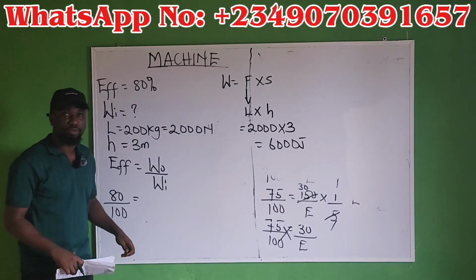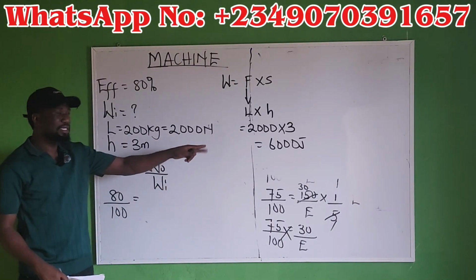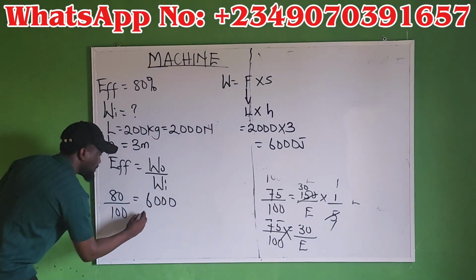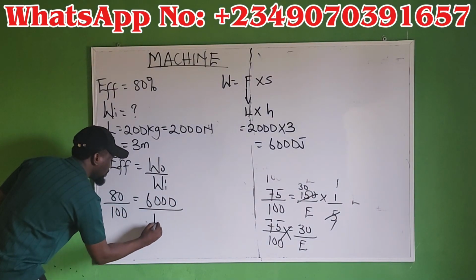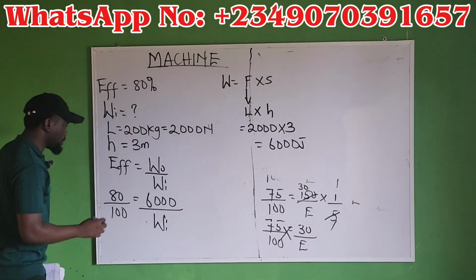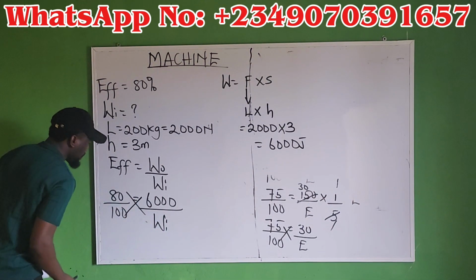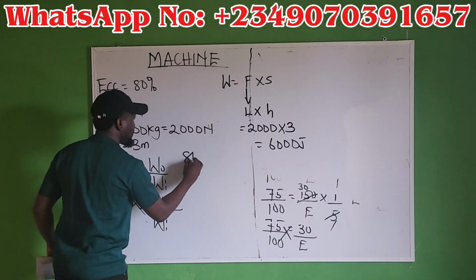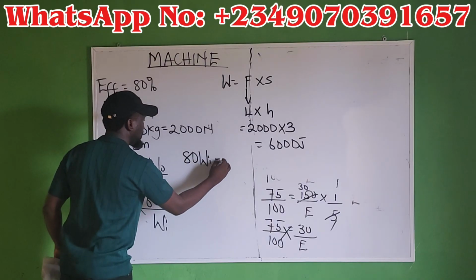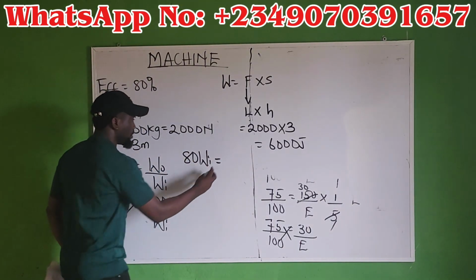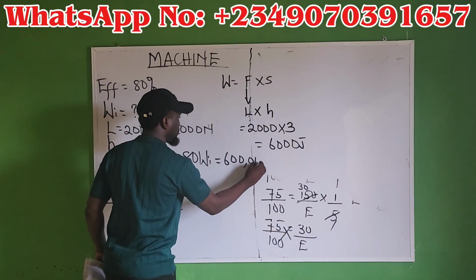So the work done by the machine is 6,000 joules. So this is 6,000, then divided by the work input. Do you understand? All right, so we can cross multiply. So we have 80 multiplied by the work input, that will give us 80 Wi, equal to 6,000 times 100, that will give us 600,000.